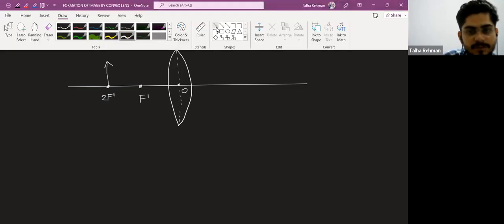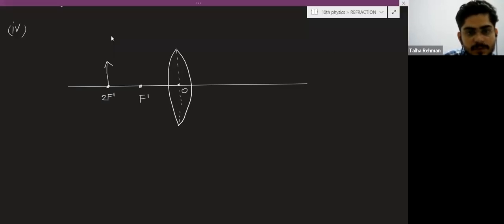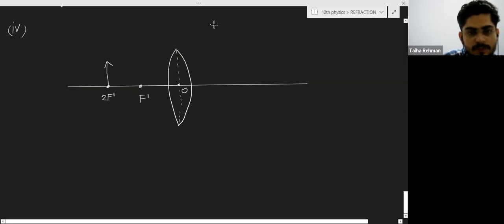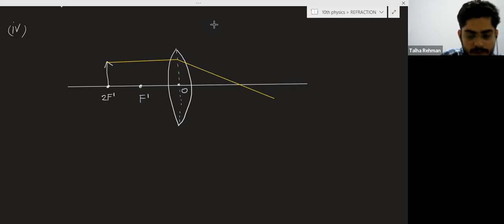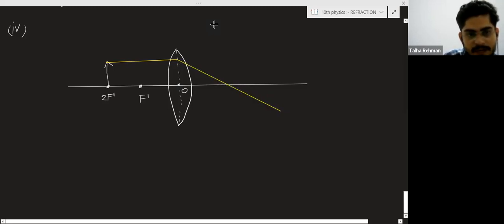The first ray from this will pass from the focus like this, and the second ray will be like this.